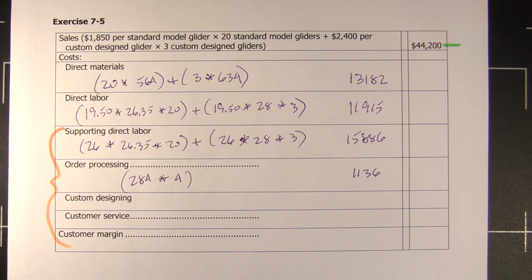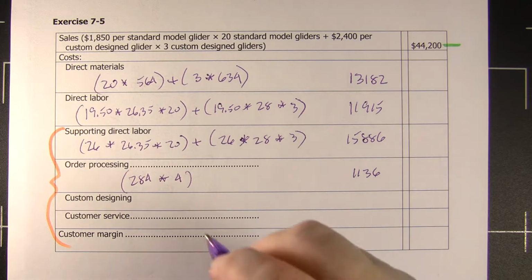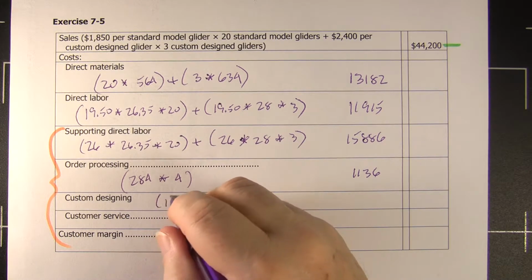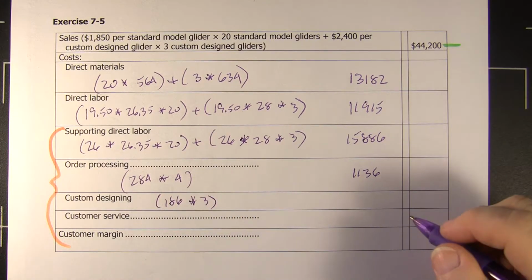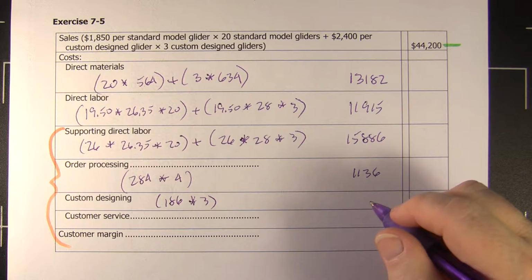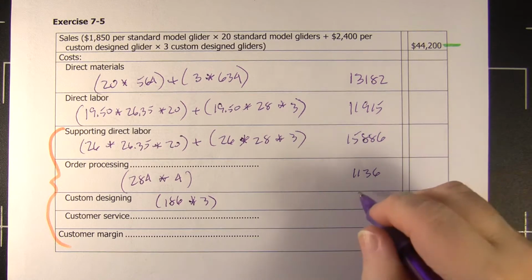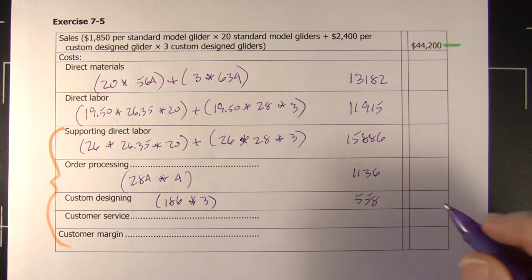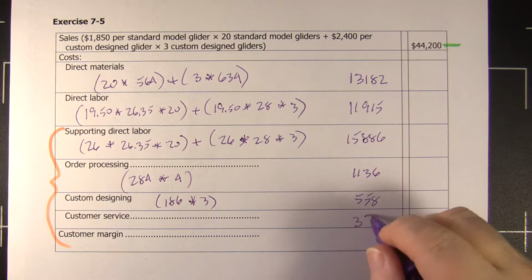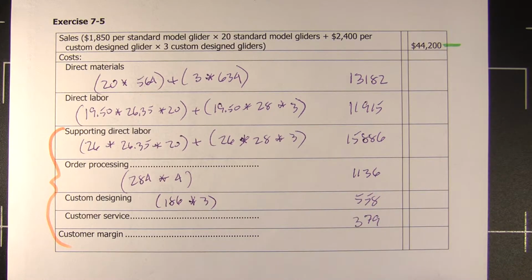Our custom design, we had 3 custom designs. That's $186 per design times 3. And that comes to $558, excuse me. Geez, I have my numbers written down in front of me and I still can't read. But all of this is for 1 person, so the customer service is just 1, $379.